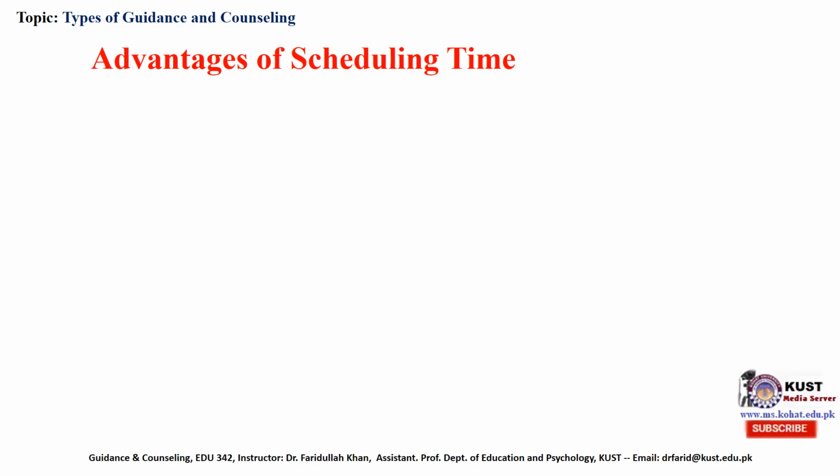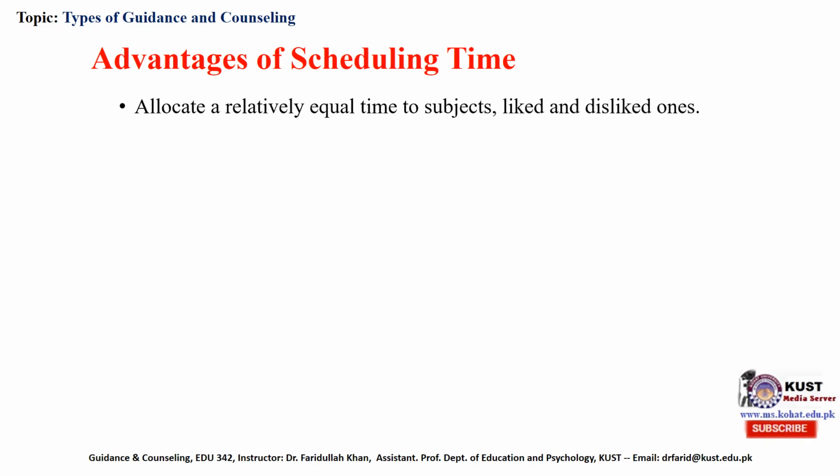Planning time helps students allocate relatively equal time to all the subjects. Normally, those subjects in which students are interested or which are easy for them, they give more time, and those subjects which are difficult or in which the students are not interested get ignored.